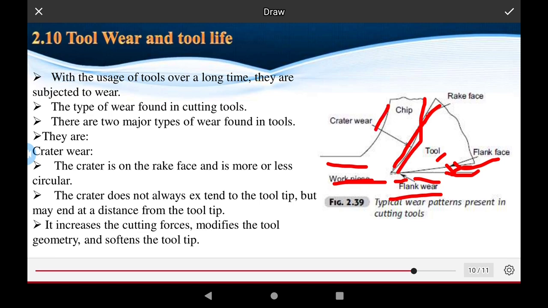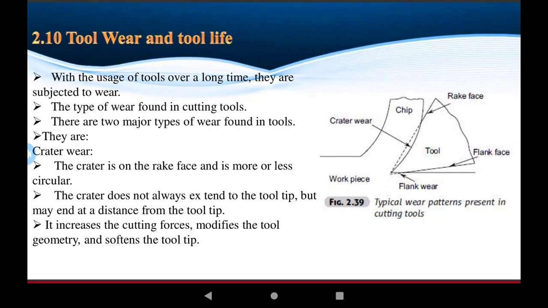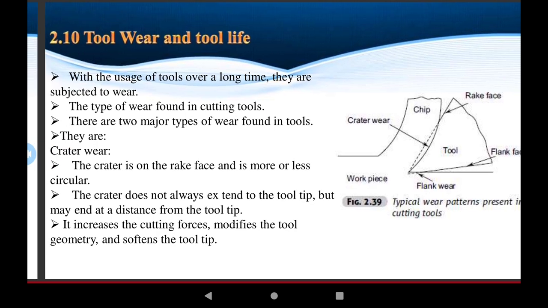This is the chip, the rake face of the tool, and this is the chip. This area is the crater wear area.